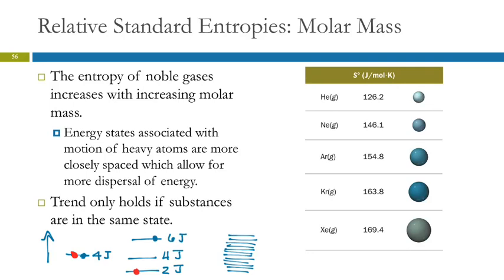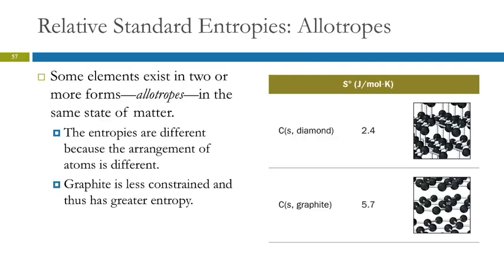Allotropes. Allotropes are different forms of the same element. So one we're familiar with is allotropes of carbon. The most common ones are graphite and diamonds. So in a diamond, we have a three-dimensional array, covalently bonded together, very, very stable, very hard.